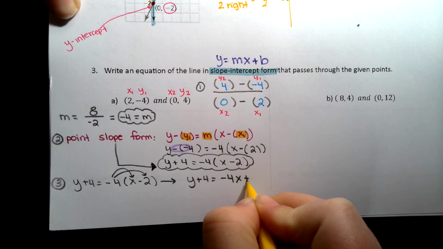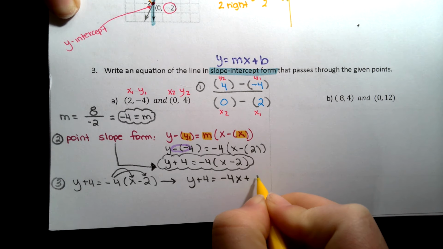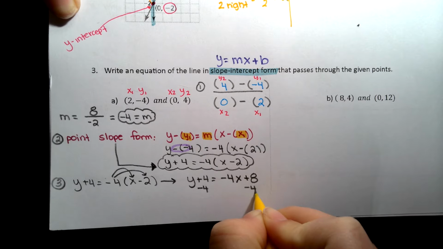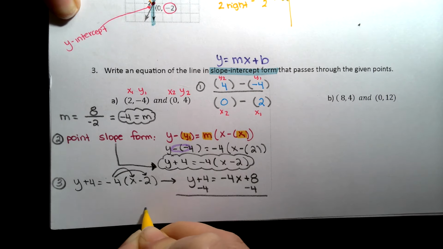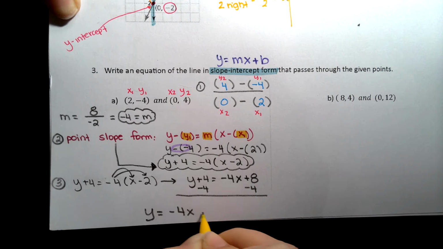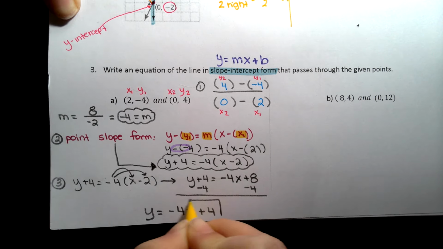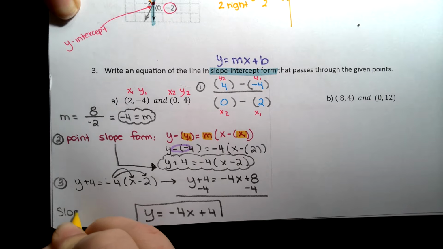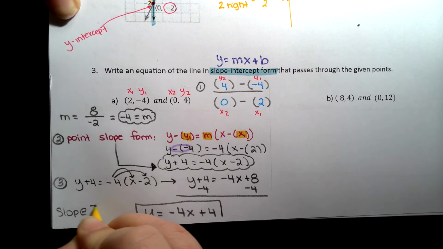Negative times a negative is a positive. 4 times 2 is 8. I'm going to subtract 4, subtract 4. So my equation in slope-intercept form is y equals negative 4x plus 4. This is my slope-intercept form.